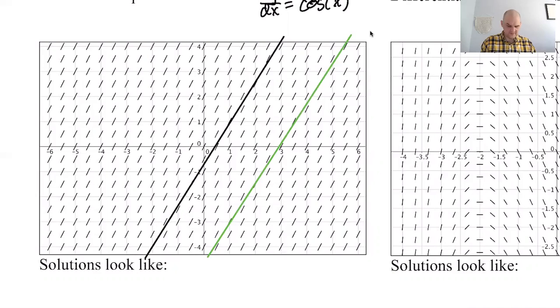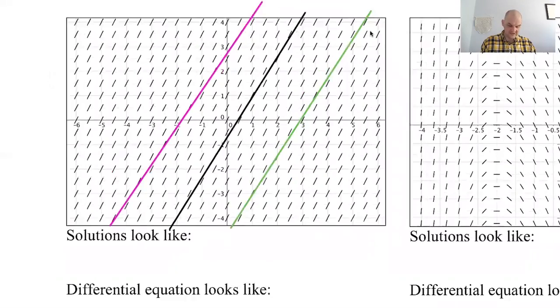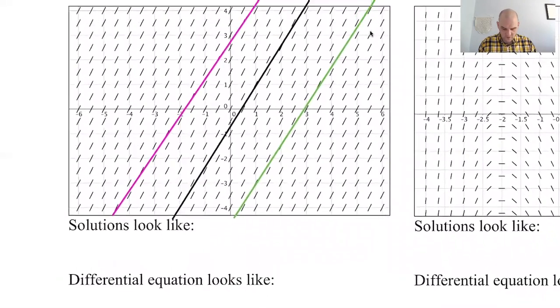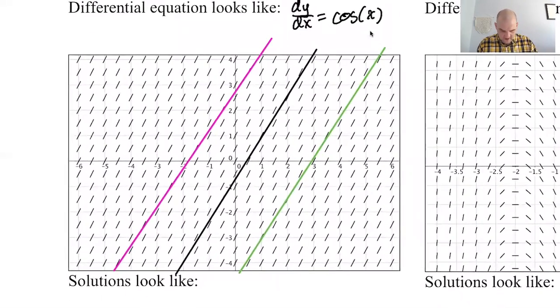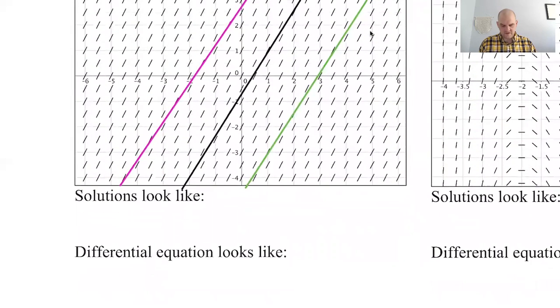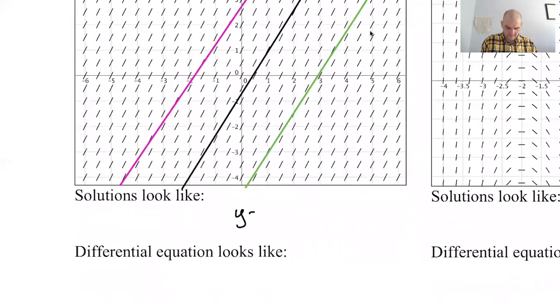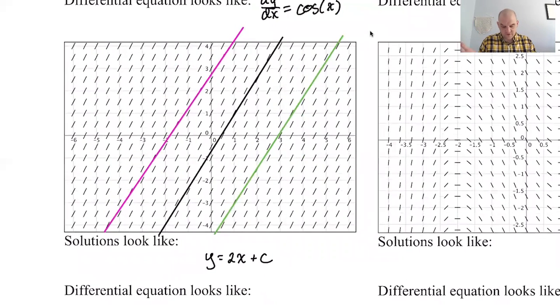I think all of these, we're just getting linear solutions. What would I say the slope is though? I think that if I start at 0, the slope is probably 2. I think these look like y equals 2x plus c. But there's really no way for me to know.